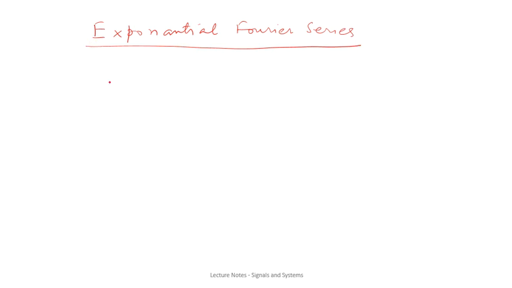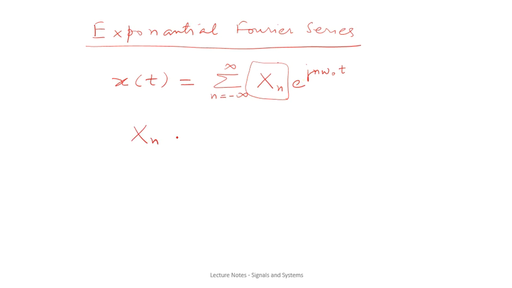The exponential Fourier series is expressed as x(t) equals the summation from n equals minus infinity to infinity of Xn e raised to the power jn omega naught t, where this Xn is called the exponential Fourier series coefficient.